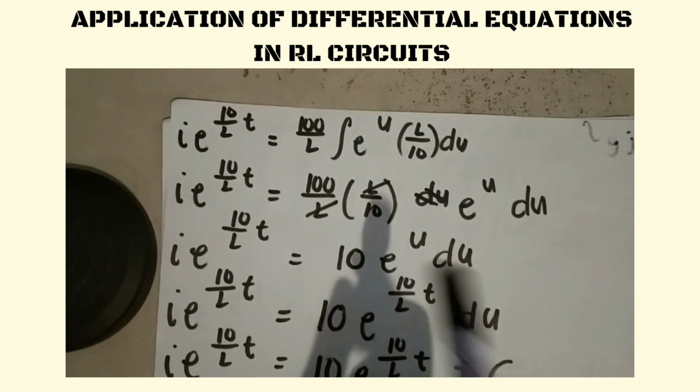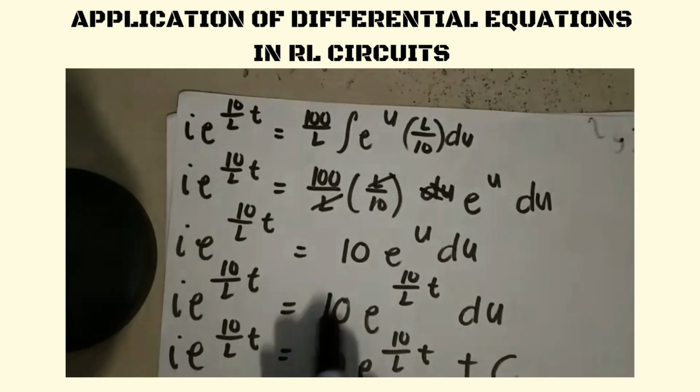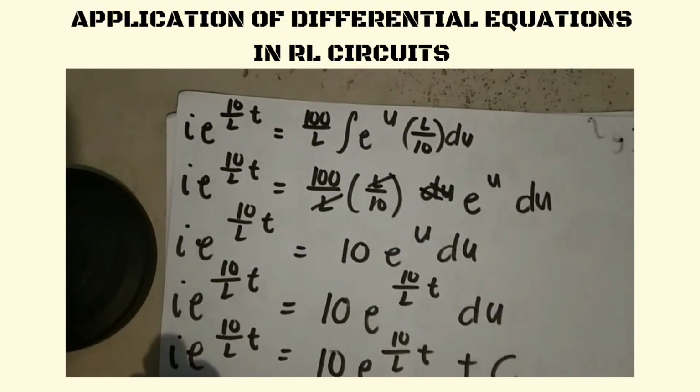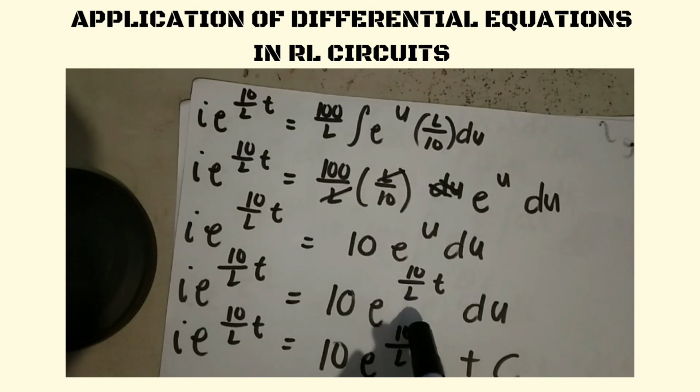10e raised to 10 over L t du. So 10 over L t is equal to 10e raised to 10 over L t plus c.